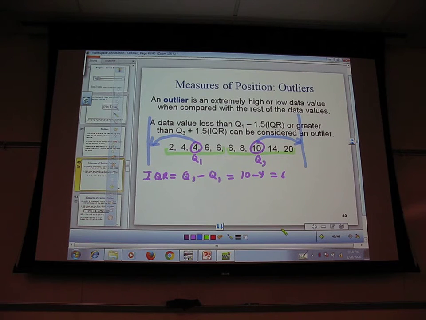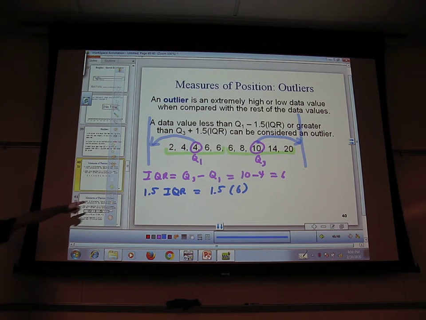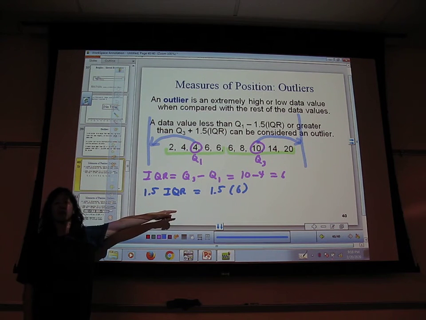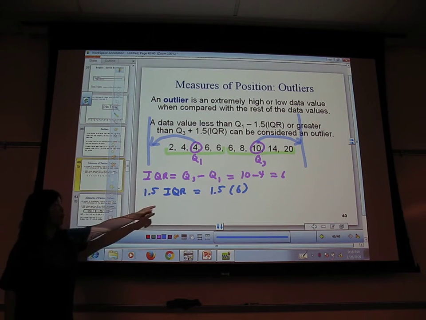So I need to figure out what 1.5 IQRs is. 1 IQR is 6, so 1.5 IQRs is 1.5 times 6.